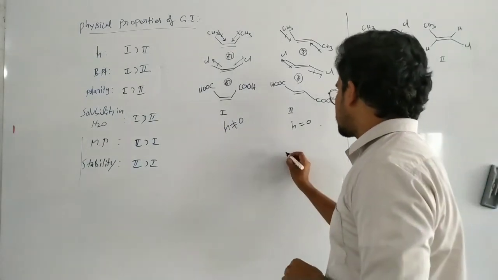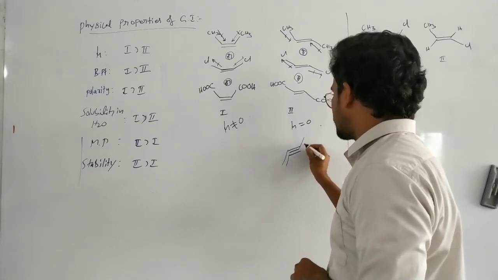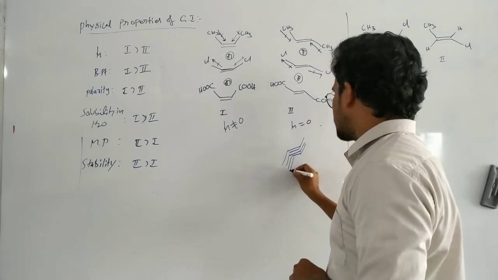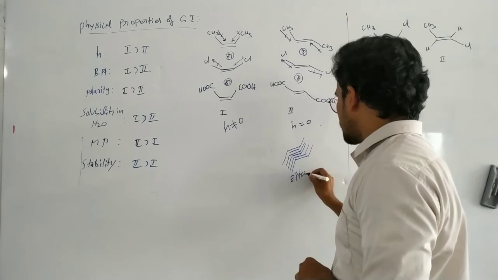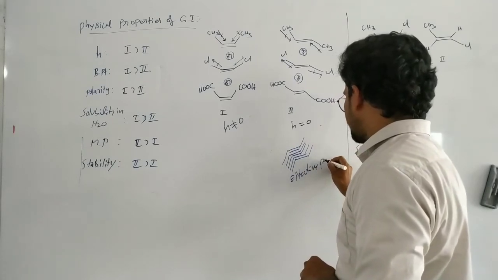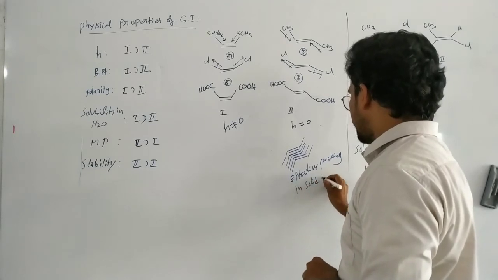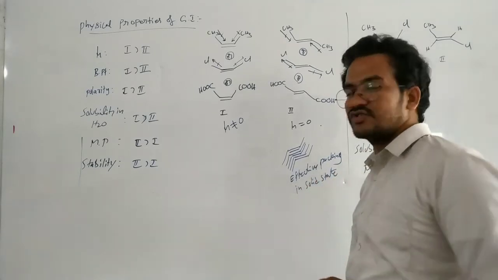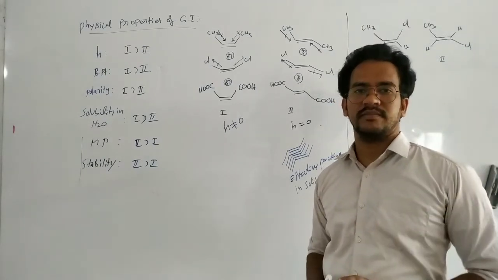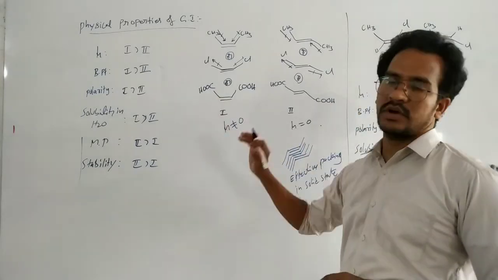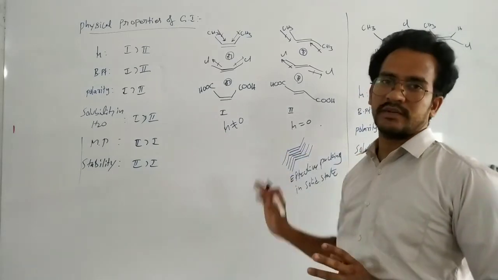Because the trans isomer has effective packing in the solid state. That's why the trans isomer always has a higher melting point, irrespective of its polarity. Its polarity is 0, it is non-polar. This one has some polarity, it is polar.